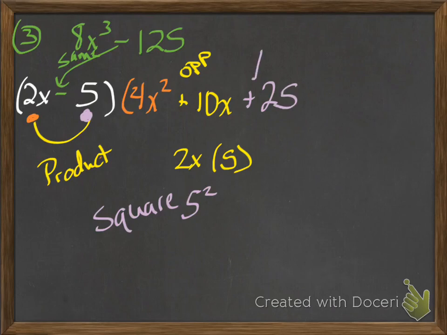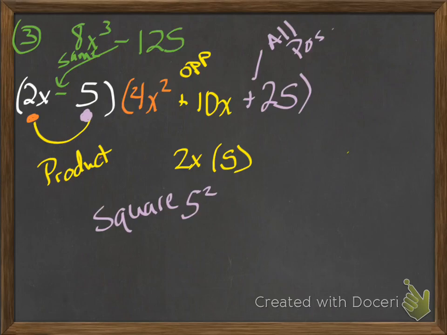And its sign is always positive. That's factoring a difference of cubes. Sum of cubes is going to be the same, except for these. The first two signs will be different because when you have the same and opposite, it's going to be opposites.